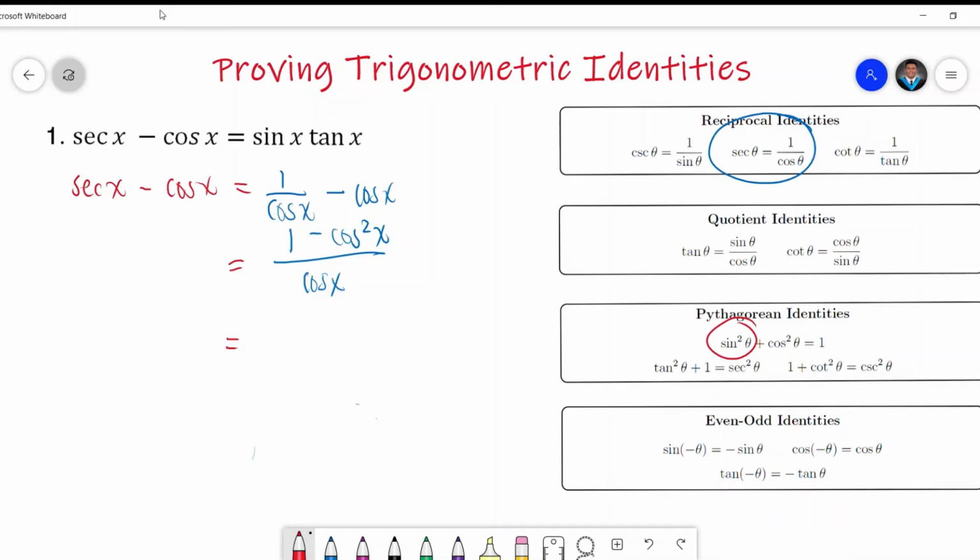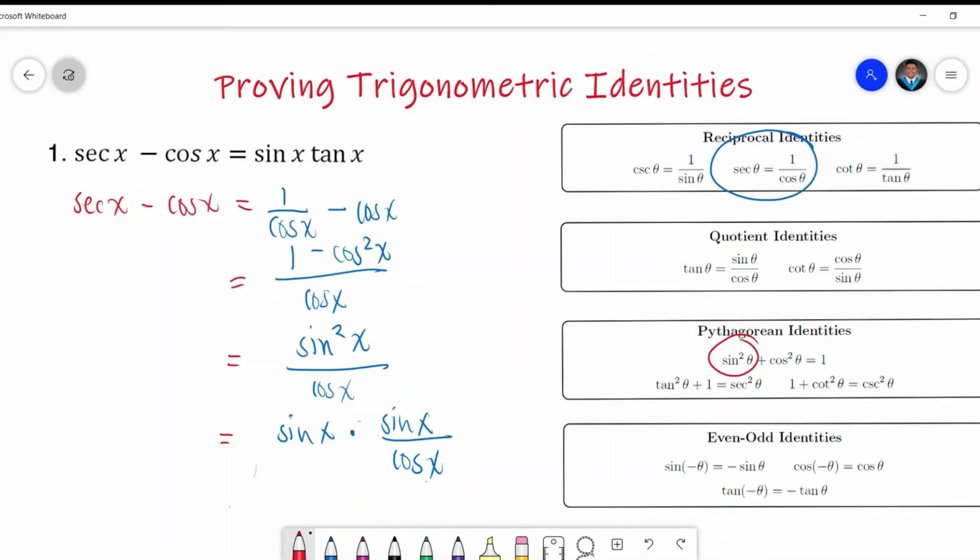So that means i-replace natin si 1 minus cosine square x by sine square x for the numerator, then over cosine x. So this time, we can break down natin yung given fraction into sine x times sine x over cosine x.